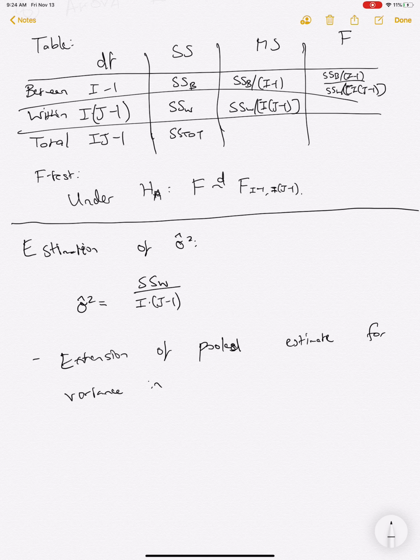But you don't actually need to compute this to do the F-test. If you are interested in estimating sigma squared, this is how you do it, and the same logic will apply for the two-way case that we'll go through shortly.